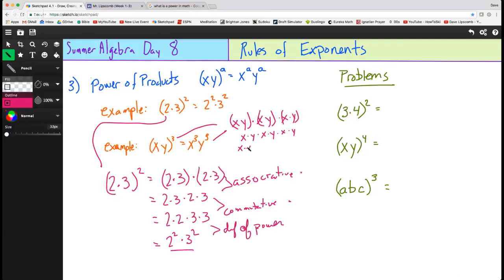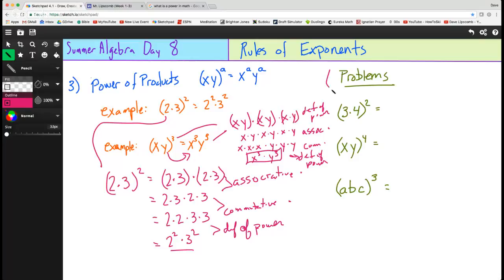Now I'm going to use my commutative, put my x's together and my y's together. And then I'm going to use my definition of power and show you that this indeed does equal that. Again, this was my definition of power. This is associative of multiplication. This is commutative of multiplication. And then this is, again, my definition of power in the other direction.